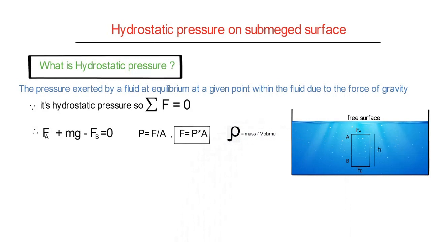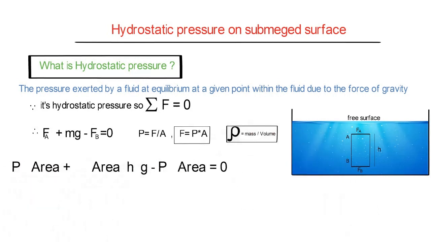We know the pressure equals force divided by area, so the force equals pressure times area. And we know also the density of the fluid, rho, equals the mass divided by the volume, or mass per unit volume. So let's substitute the force with pressure times area.